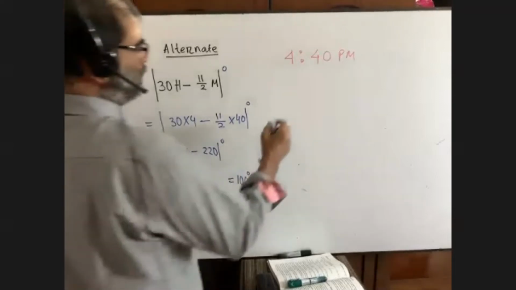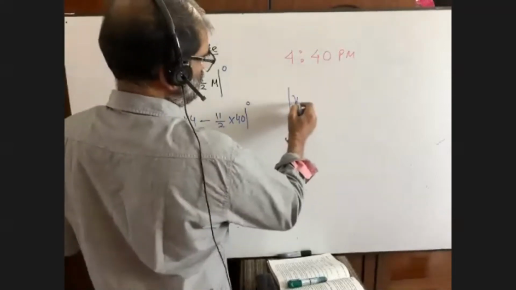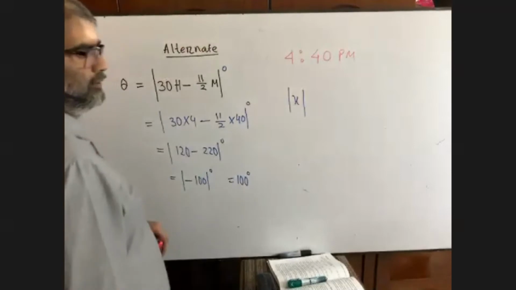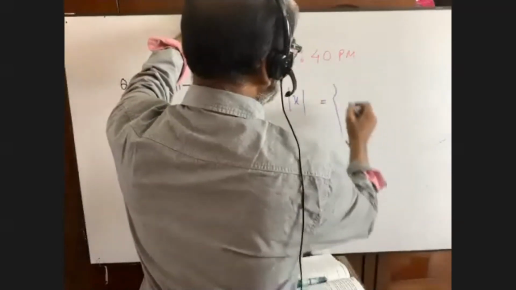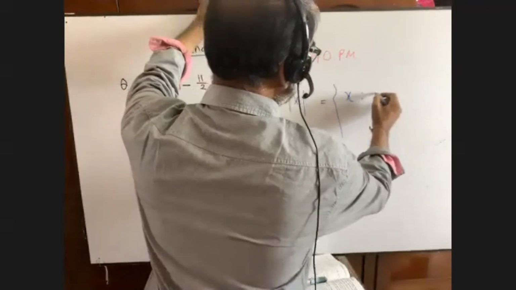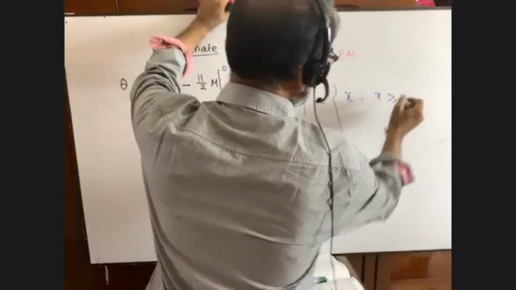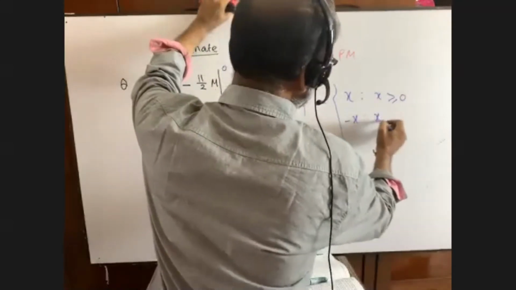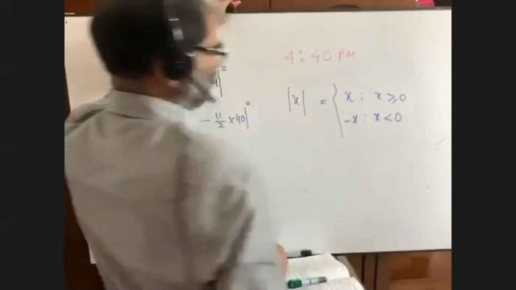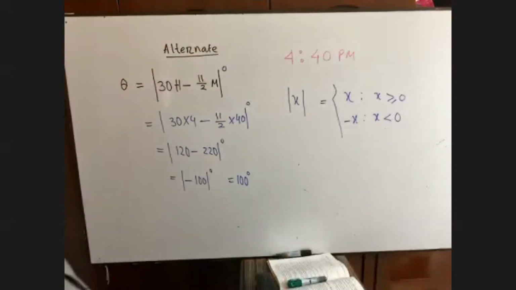Actually, what is absolute value? It has two values. |x| equals x when x is greater than or equal to 0, and minus x when x is less than 0. Okay.